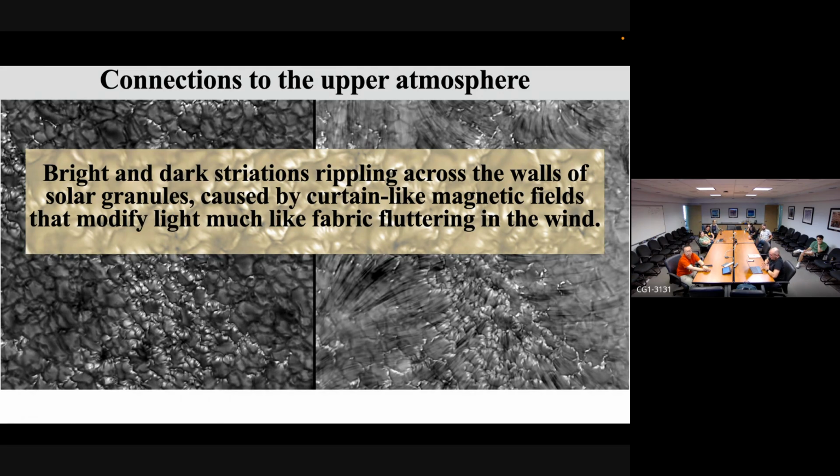But actually, that magnetic curtain analogy is quite a good analogy. We can consider these magnetic flux concentrations as 3D magnetic curtains with lots of ripples, and those ripples are changing the light transparency of the atmosphere, and we are getting these dark and bright shades.